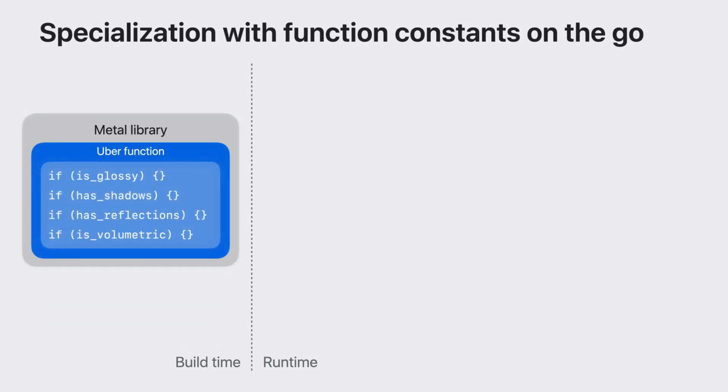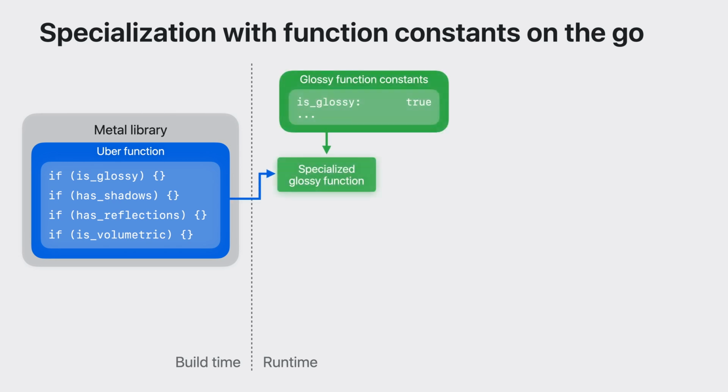Function constants can provide another way to specialize the shaders. Compared to using macros, it can reduce both compile time and the size of the Metal library. With function constants, you compile an Uber shader one time from source to an intermediate Metal function. From that function, you only create the variants your app needs based on function constants you define.